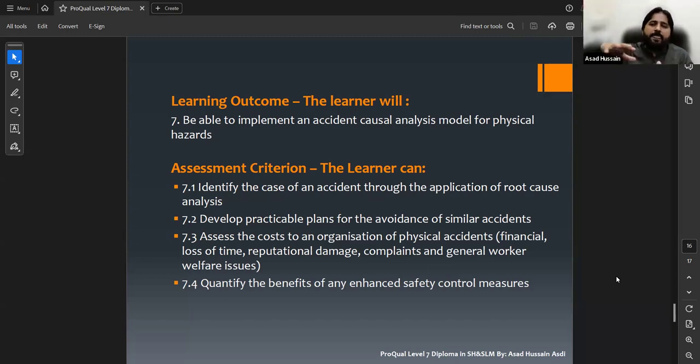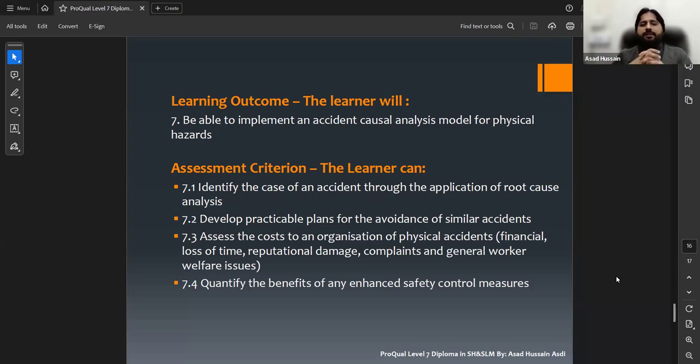So definitely the accident investigation procedure, and after that, how you are avoiding these accidents in the future. What are your proactive and reactive monitoring plans there? You have to provide evidence of that in support of this assessment criteria 7.2.